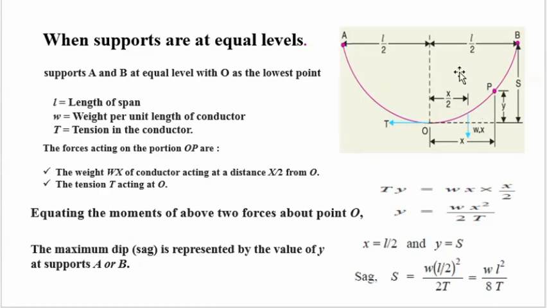In this diagram, the point O is the lowest point, and if we draw a line from O directly to the line which is joining A and B, then the length of span will be divided equally into two parts, each given by L over 2.